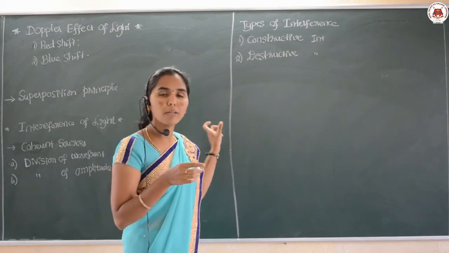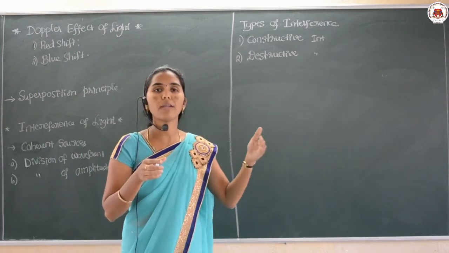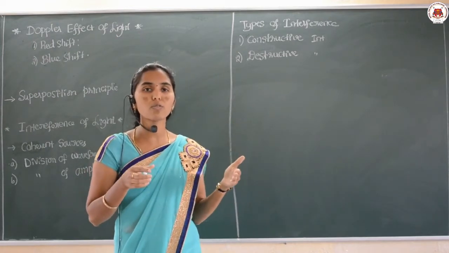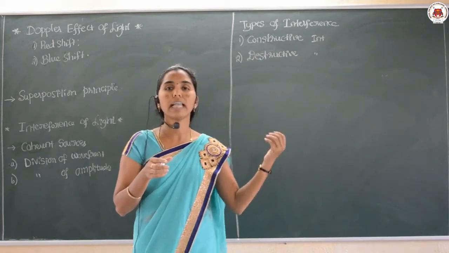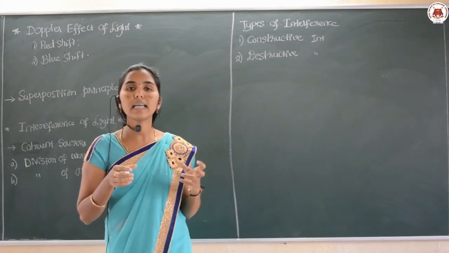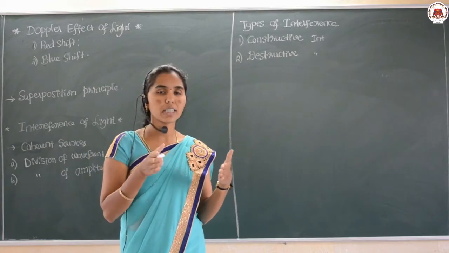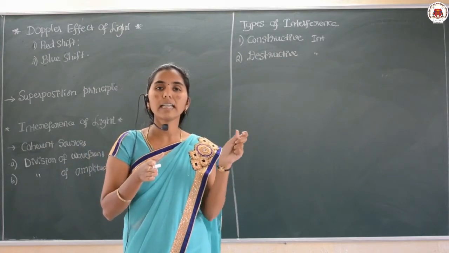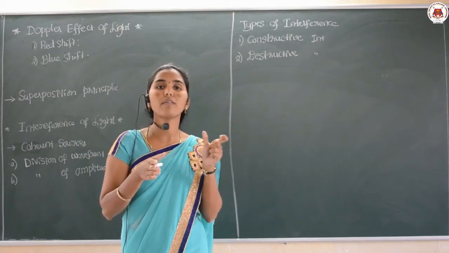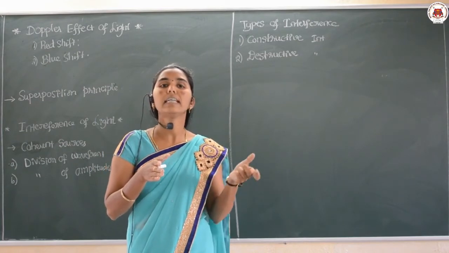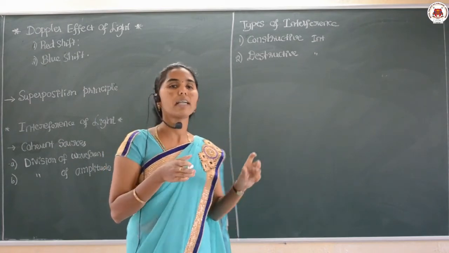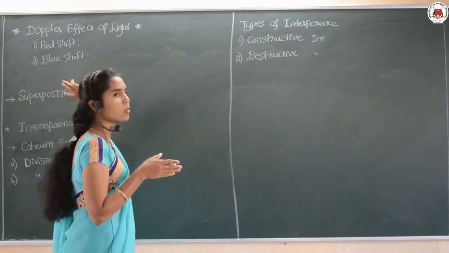So in a blue shift, the light waves coming from the source reaching an observer have a decreased distance, right. The decrease in the distance or the wavelength of the light reaching an observer is called the blue shift.